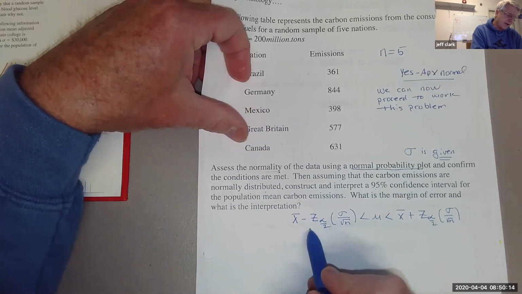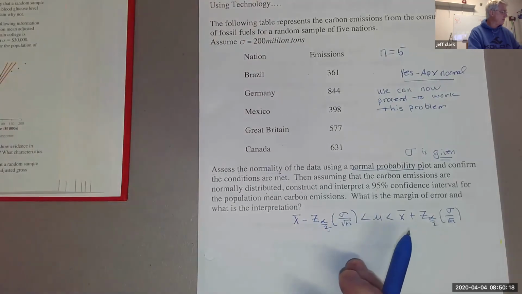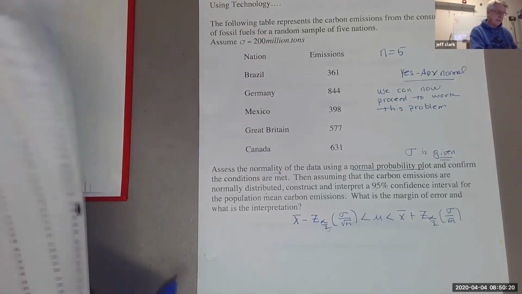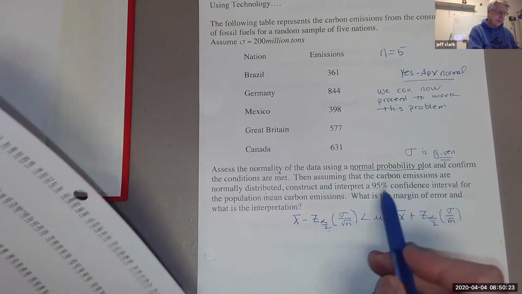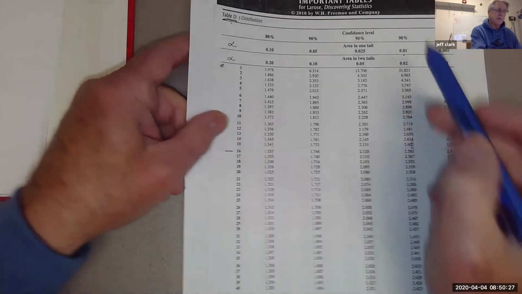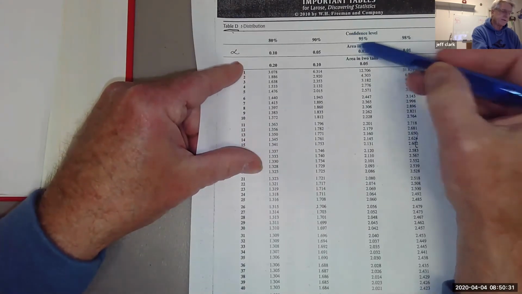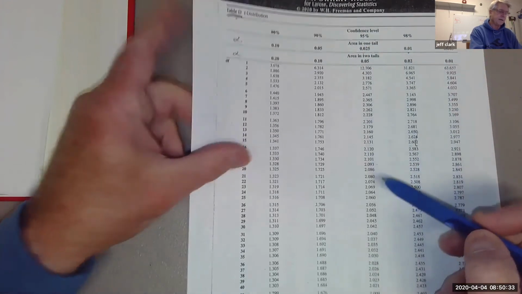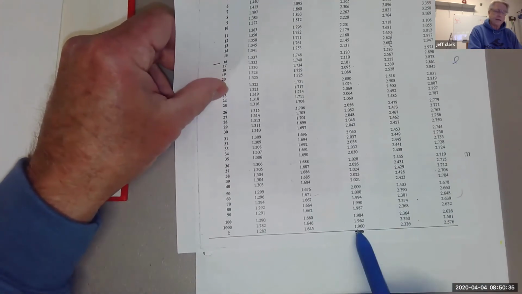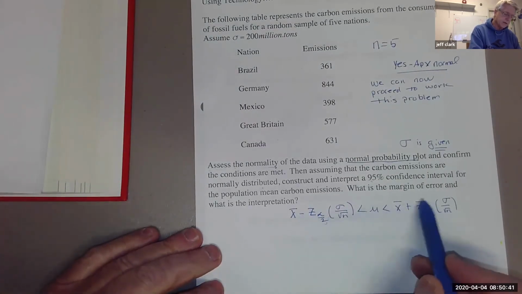This right here came from your table D. Just to remind you what it looked like, if you want z sub alpha divided by 2 for a 95% confidence interval, you take your table D, find 95, here's your confidence interval, look all the way down to the bottom, and you'd say 1.960, as well as here.